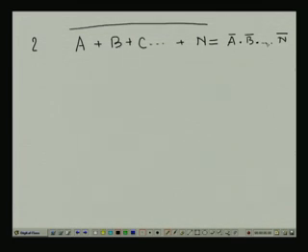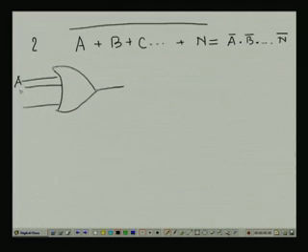Now, if we take the logic circuits, the left hand side will be an n input OR gate with inputs A, B and so on, and it is inverted, and say this is my y.